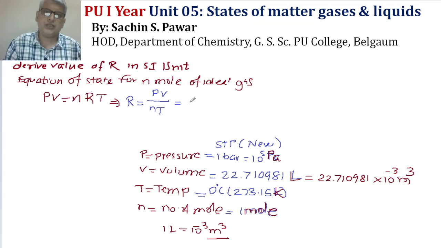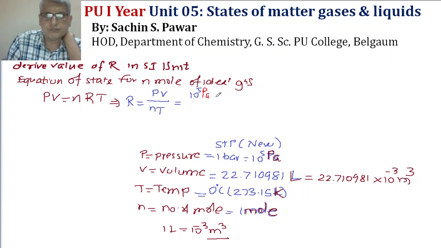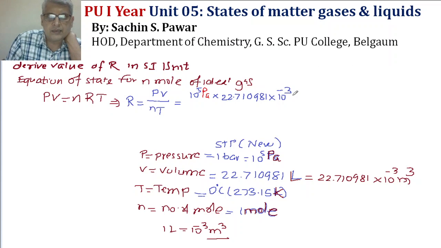So this becomes pressure. Pressure is 10 to the power 5 pascals into volume, which is 22.710981 into 10 to the power minus 3 meter cube, divided by 1 mole into temperature, which is 273.15 Kelvin.